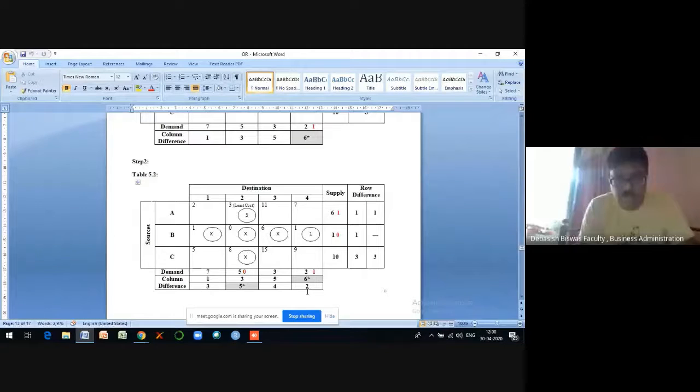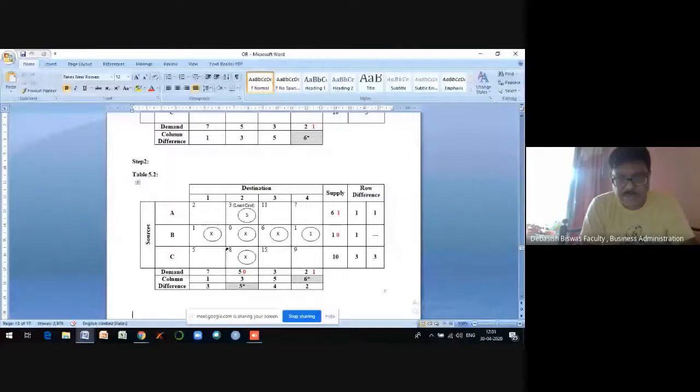So again I am saying, column operations. 5 minus 2, the difference is 3. In this column, this has been deleted. Sorry, the elements are 3 and 8.